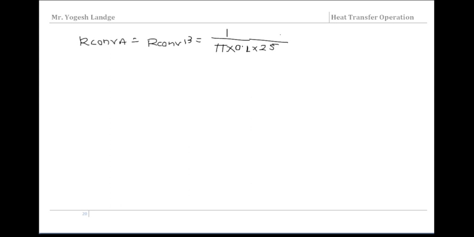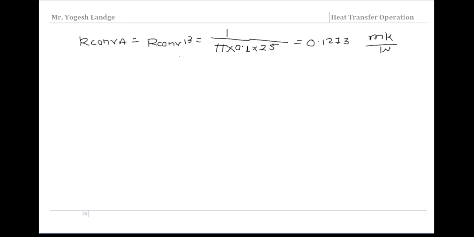From that we get a value of R convection A and B of 0.1273, and the unit is again meter Kelvin per watt.